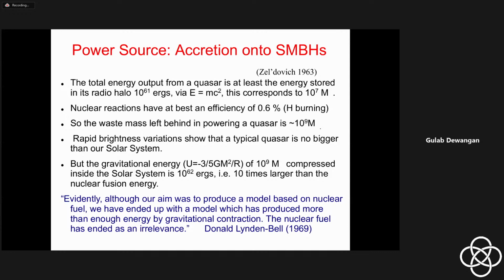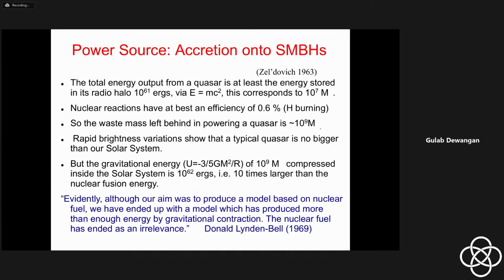And of course, in any process, any mechanism, you cannot completely convert matter with 100% efficiency into energy. In fact, nuclear burning, for example hydrogen burning, has an efficiency of only about 0.6%.